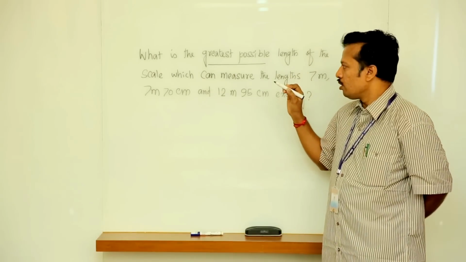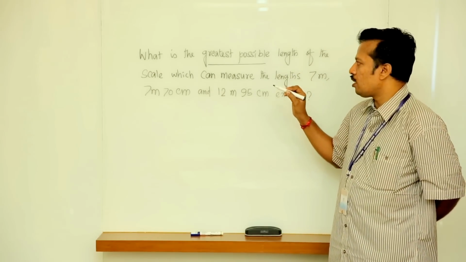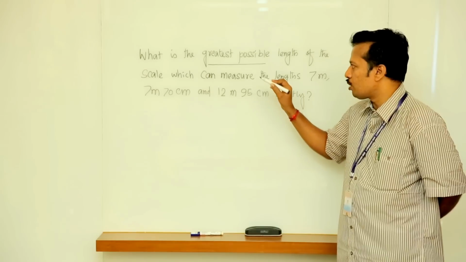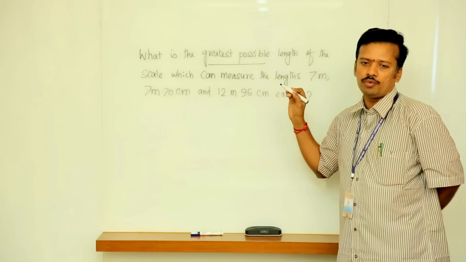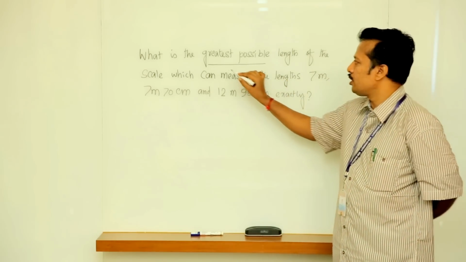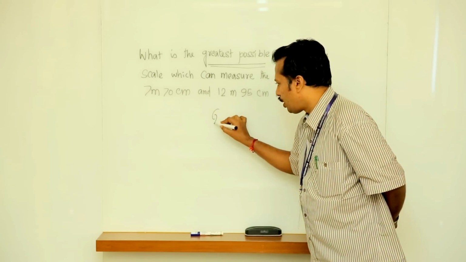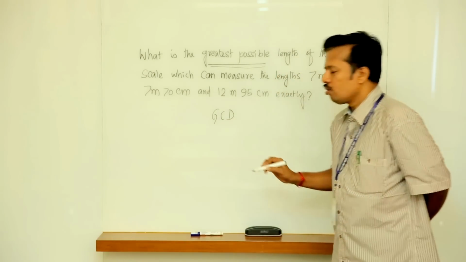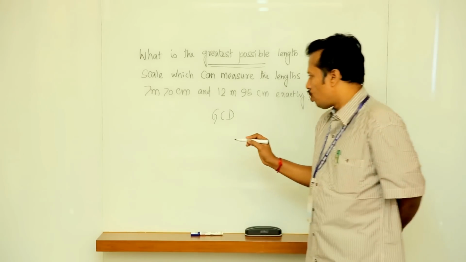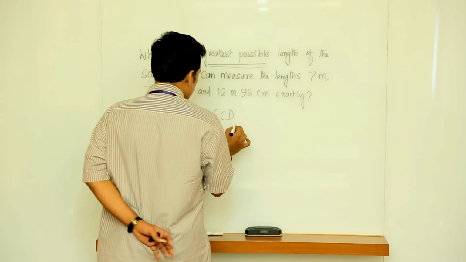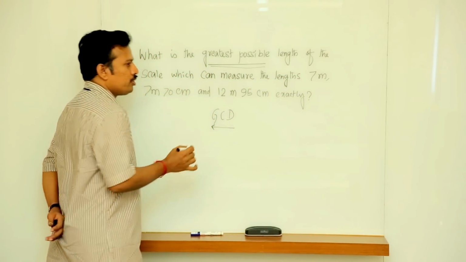So already we said, if it is smallest length or least value, that is the concept related to LCM. Now in this particular case, it is greatest possible. So it is a problem related to GCD.